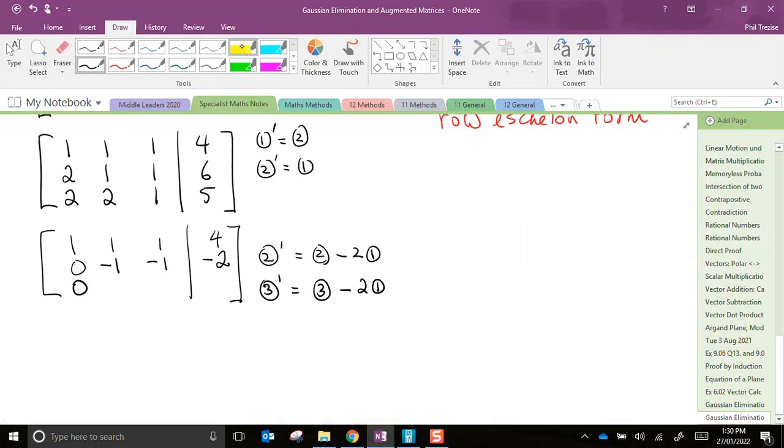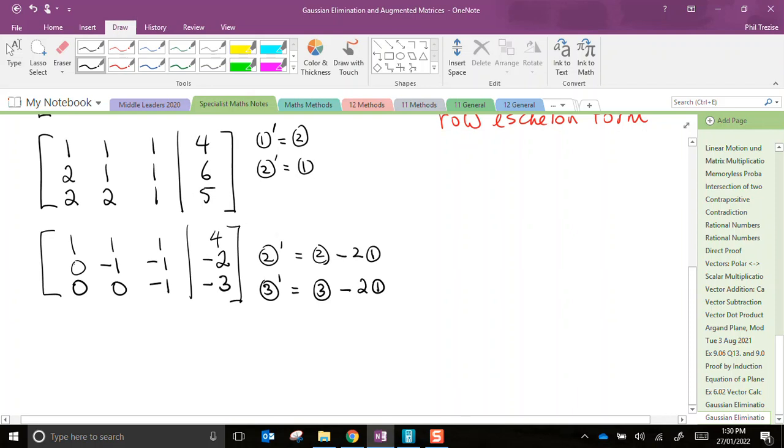So let's go a bit faster this time. That's 2 subtract 2 ones, so 2 subtract 2 is nothing. Then I'll have 1 subtract double that. 1 subtract 2 is negative 1. Then I'll have 5 subtract 8, that's negative 3.